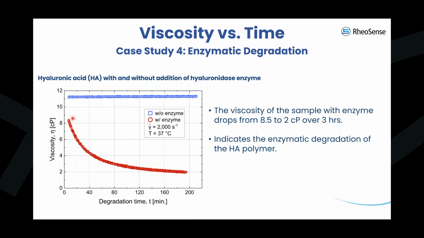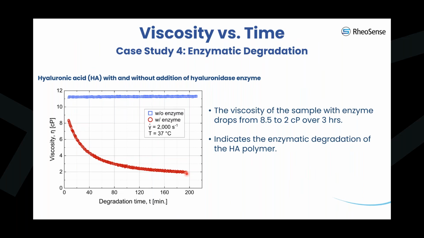But in the sample with hyaluronidase, we see an exponential drop in viscosity, falling from about 8.5 centipoise to around 2 centipoise over 3 hours. This drop indicates that the hyaluronic acid polymer chains are being enzymatically broken down, reducing the molecular weight and in turn lowering the viscosity.